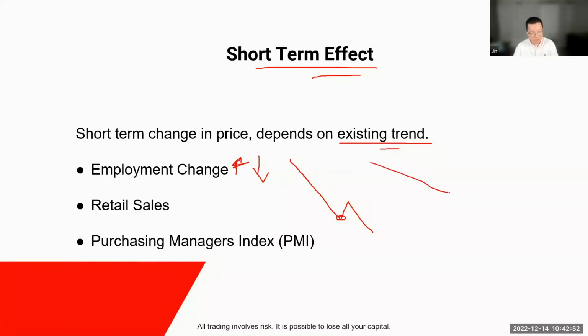We're going to see as price drops, we're going to see the news come out, bad news, we're going to see price drop downwards before continuing on again. Okay, so it all depends not just on the news, but also on the previous trend. So it's not just employment, retail, or PMI, but also the existing trend.